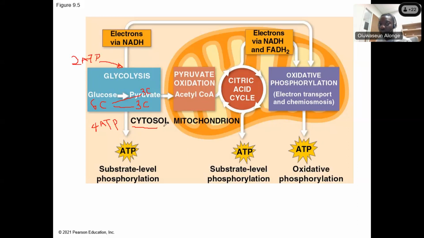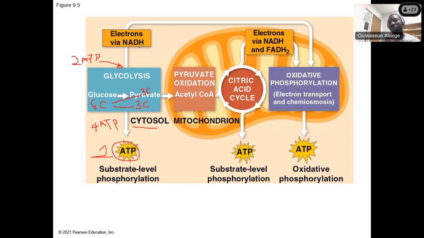You spend $2, and at the end of the day, you made $4. How much have you gained? You have gained $2. So in the real sense, the profit made here is actually 2 ATP, not 4. Because 4 was what was made, 2 was what was invested.